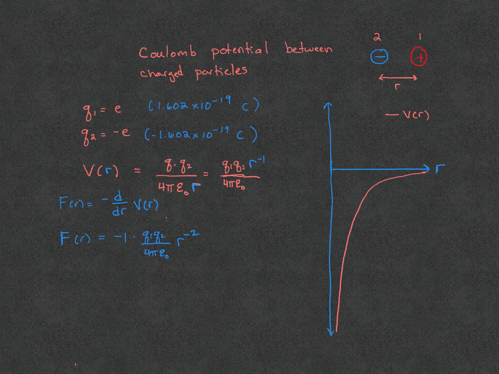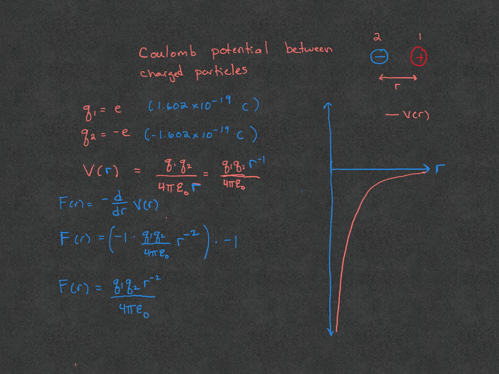That is the first derivative with respect to r of V of r, but remember I need to multiply this whole thing by -1, because the force is not simply the derivative, it's the derivative multiplied by -1. So finally, that gives us an expression for F of r, which is equal to positive q1 q2 r to the minus 2 over 4 pi epsilon naught.